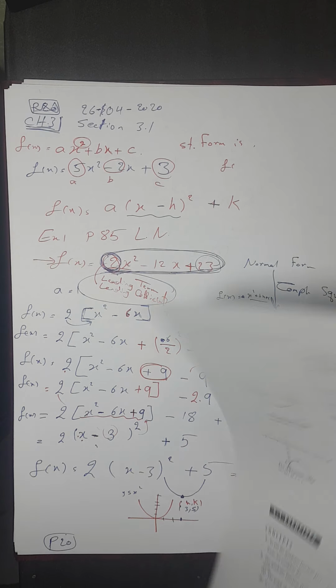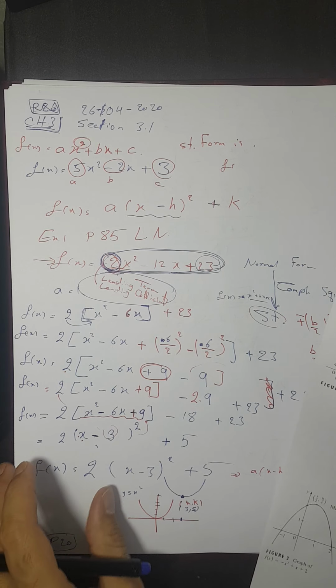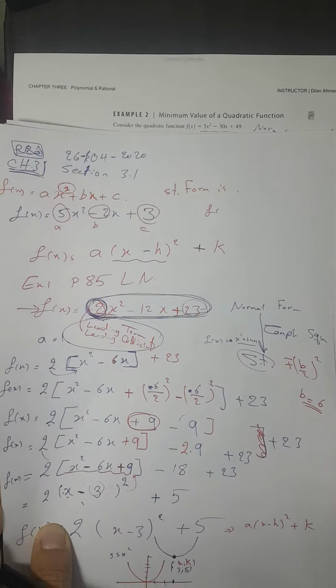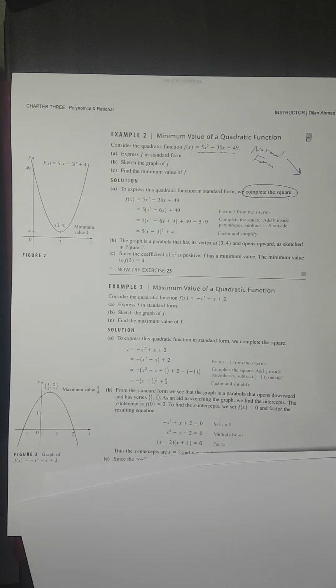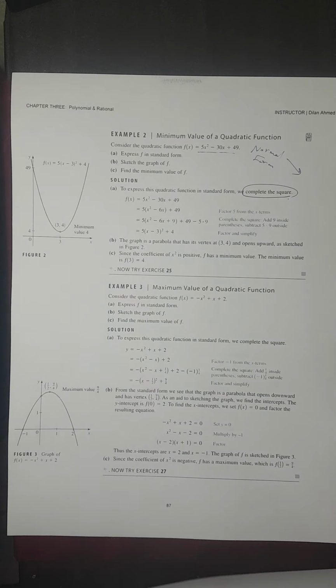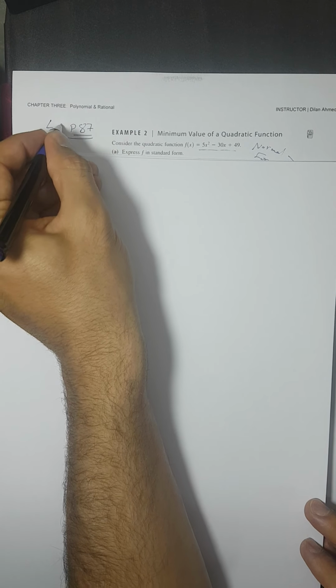After three or four examples, you will finally get the idea about 3.2. So here's your example, example 2, page 87 in your lecture notes.